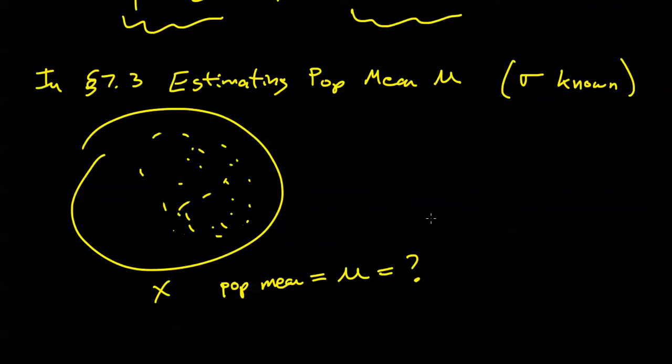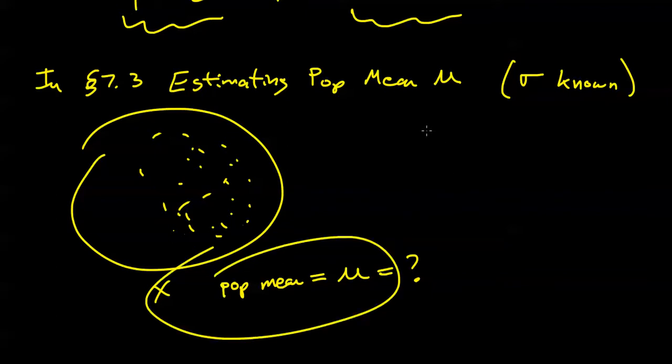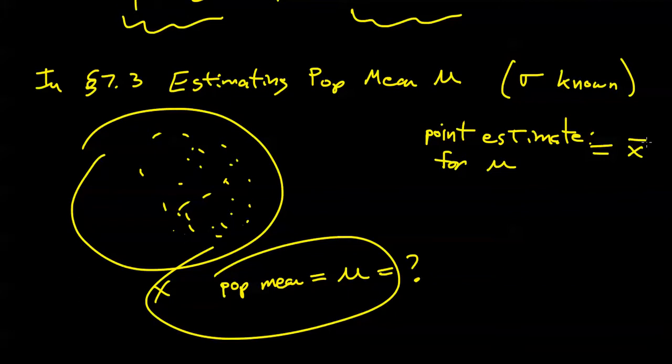Alright, so the book talks about two different estimates for mu. One is called a point estimate. If I ask you for a point estimate for mu, you might tell me, well, let's just grab a sample and compute the mean of that sample. And perhaps that sample mean is a good estimator of the population mean.